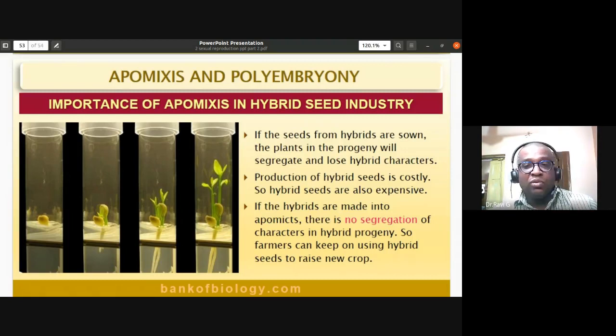So there are no cross pollination variations. So farmers can use the same hybrid seeds to raise new crops. They are like clones. You can utilize such seeds to obtain the same plants. We can obtain the hybrid progeny. So farmers can keep on using these hybrid seeds to raise new crops.